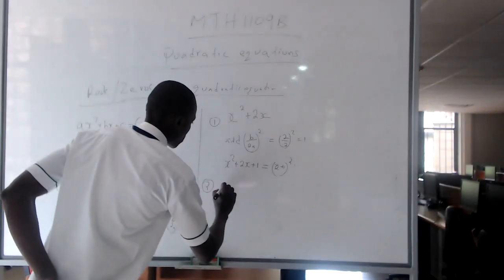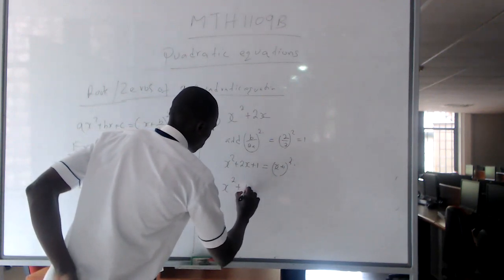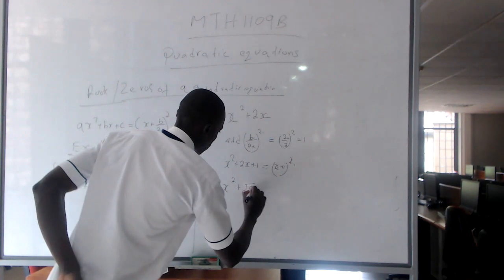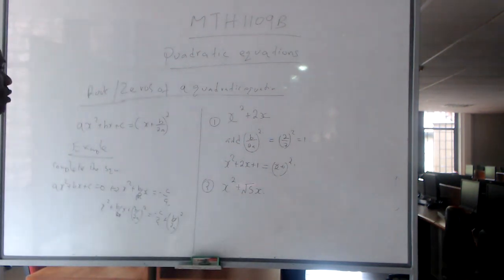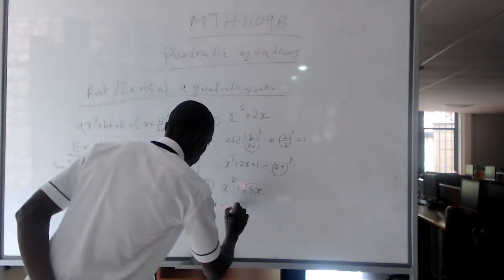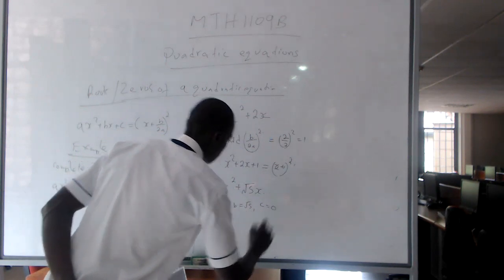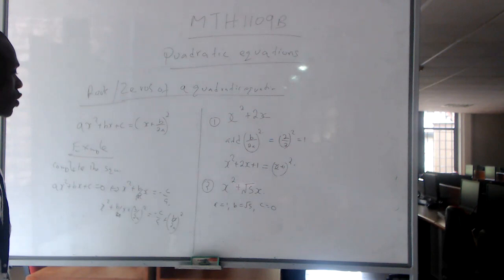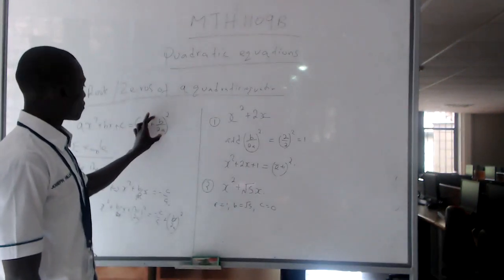Example 2: complete the square on x squared plus, maybe, square root of 5 x. The trick is very simple. In this case, a is 1, b is square root of 5, and c is 0. To complete the square, add (b divided by 2a) squared.